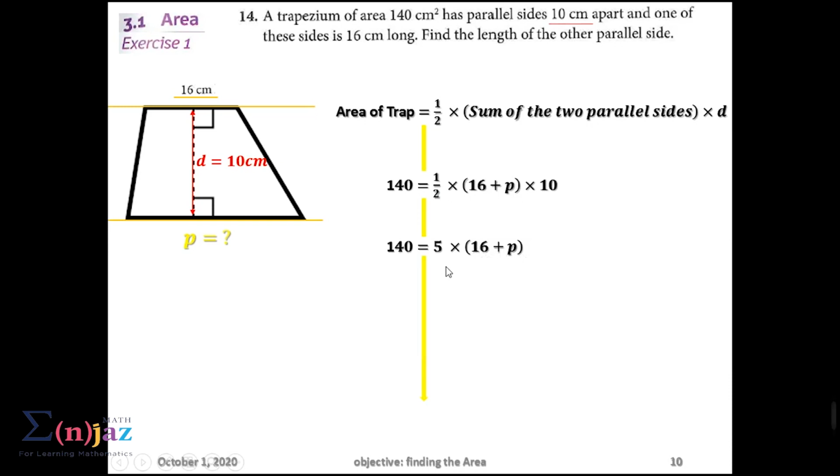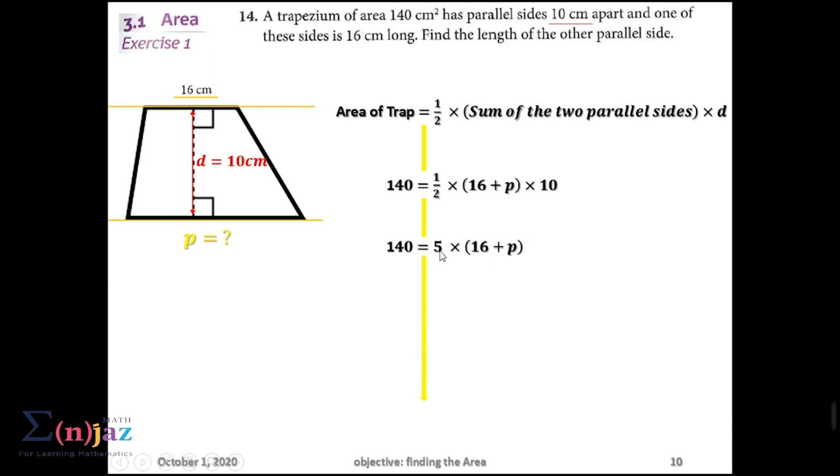Now, before you apply opposite operations, you have two options. You either apply opposite operations directly by dividing each side of the equation by 5 to cancel the 5 from the right side, because we're solving for P. We're making P the subject. Or the other option is that you expand. So you insert the 5 into the bracket by multiplying the 5 by each term inside the bracket.